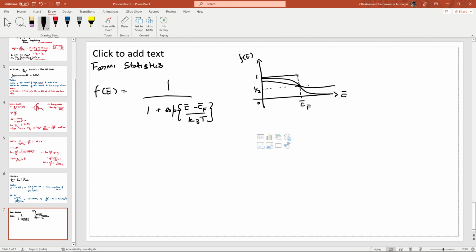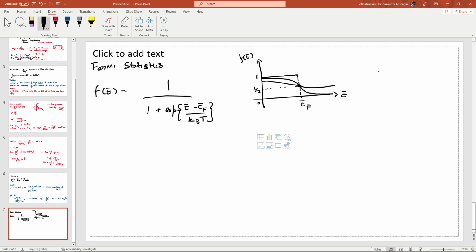Please remember this. The only thing that can make EF vary is the total number of electrons. So if I introduce more electrons or more fermions into this system, then the EF will shift. Or if I'm applying some kind of an external potential and changing the energy level itself, then EF will shift. These are the only two cases when the Fermi level will change.